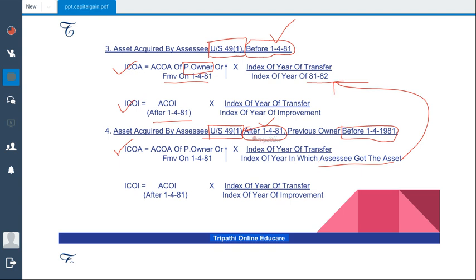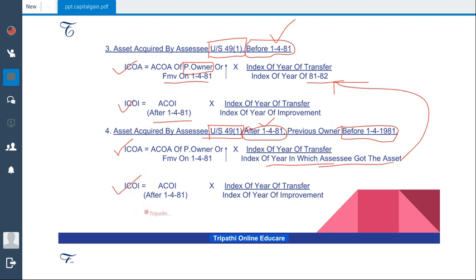Hence in this case, you got this asset after 81. So after 81 we have CII. Whichever year you must have got this asset, we can write CII of that particular year here as denominator. Hence we are writing this as index of year in which SSC got the asset instead of taking 1981-82, right? So this is a change which we got here.